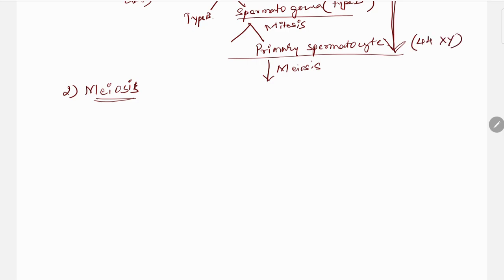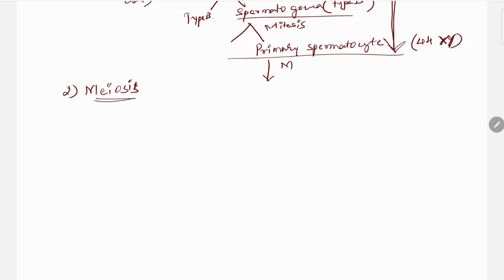We are speaking about spermatocyte, so we will take XY. If we were speaking about oogenesis, we would have spoken about 44 XX, right? The meiosis process will continue from here only, right? The primary spermatocyte has 44 XY.